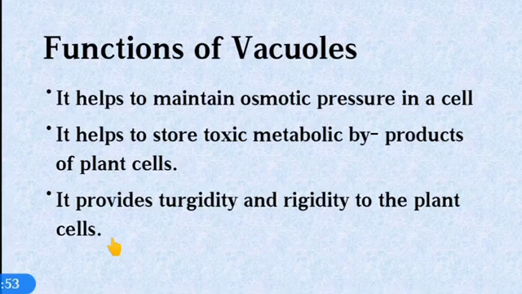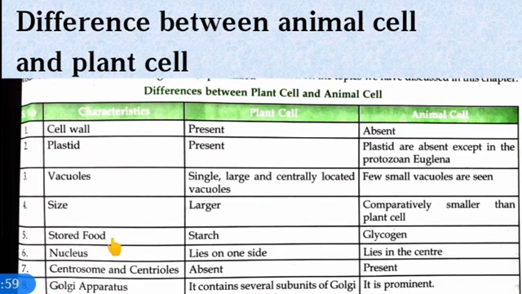The first difference is the cell wall. A cell wall is present in the plant cell, whereas in the animal cell it is absent.